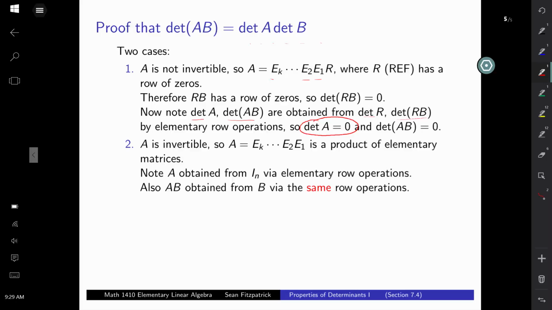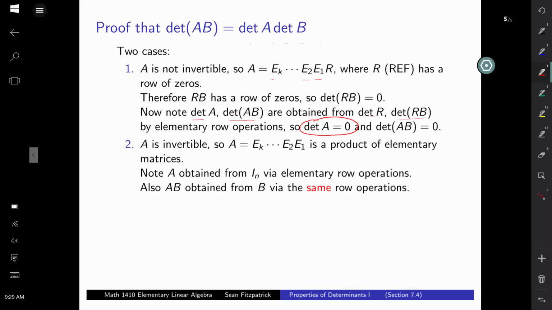And we know that when we do those elementary row operations, at most we're either changing the sign or multiplying by a non-zero constant, and none of those is going to change the fact that those determinants are 0, right? So the determinant of A times B equals 0 in this case, and of course 0 times the determinant of B is 0. So it works in that case.